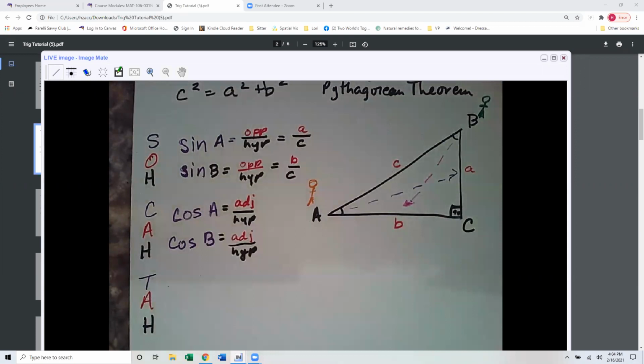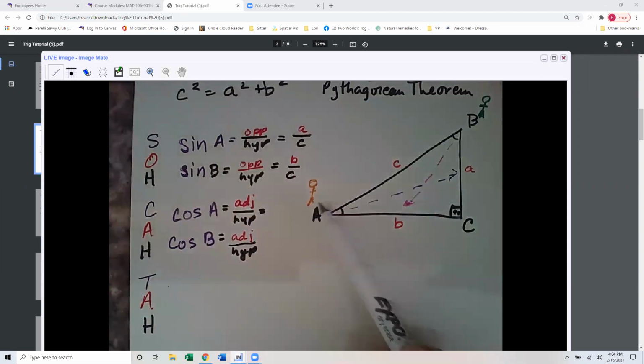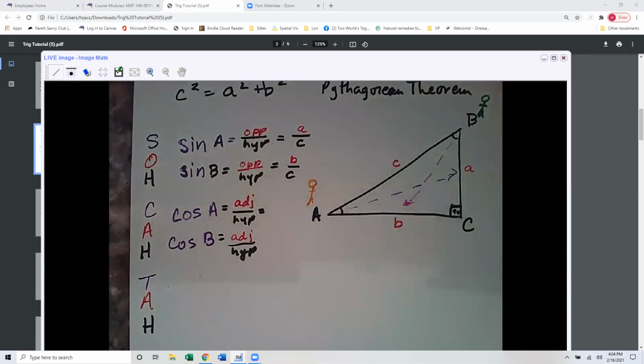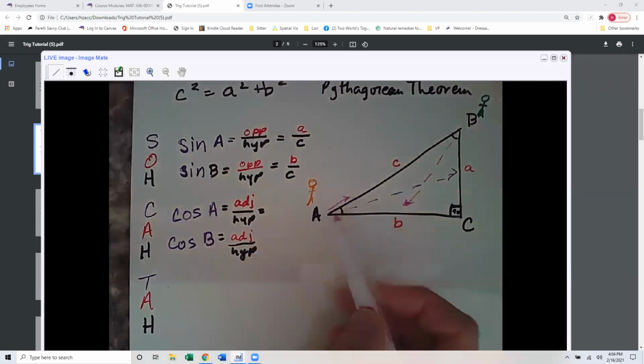So in the first one, cosine A, now I'm the orange stick figure at A. I look at the two sides that make up the angle A. We've got this side here, which already has a name. We call that the hypotenuse.